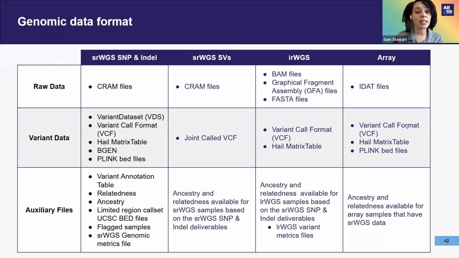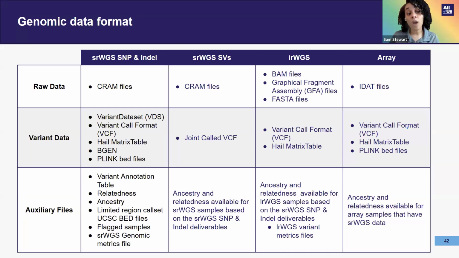We do provide some data formats readily available to you in the Researcher Workbench for our genomic data set. That includes the variant data set, which is the VDS, Hail metrics table, VCFs, BGENs, and the Plink triplets, which are the bed, bim, and fam files.